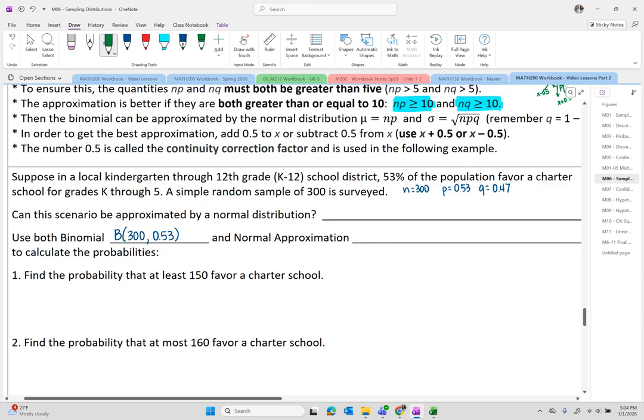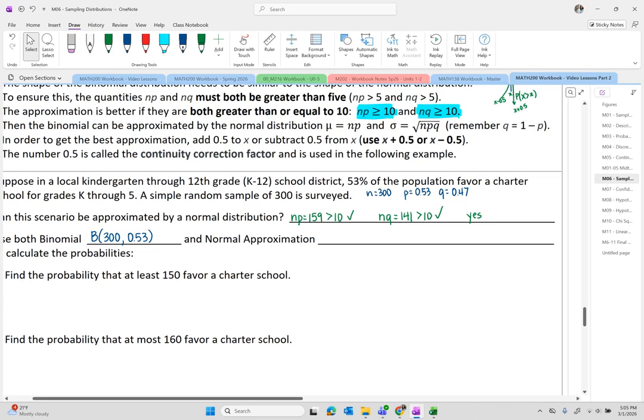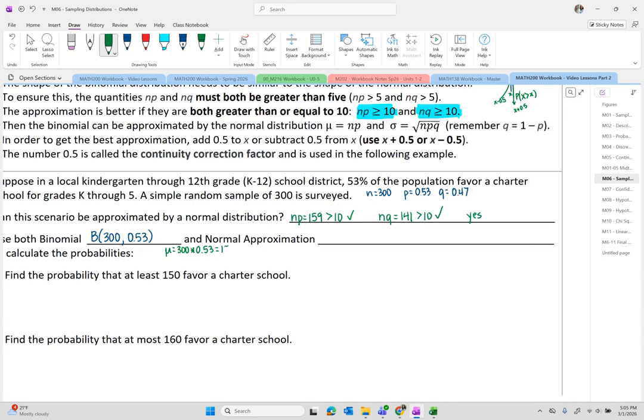I want to check that np, which is 300 times 0.53, is 159, and that is greater than 10, which is a check, and nq, which is 300 times 0.47, is 141, which is also greater than 10. That's another check, so the answer is yes. If that is the case, what is the normal distribution? Well, the mean of the binomial is 300 times 0.53, which is 159.